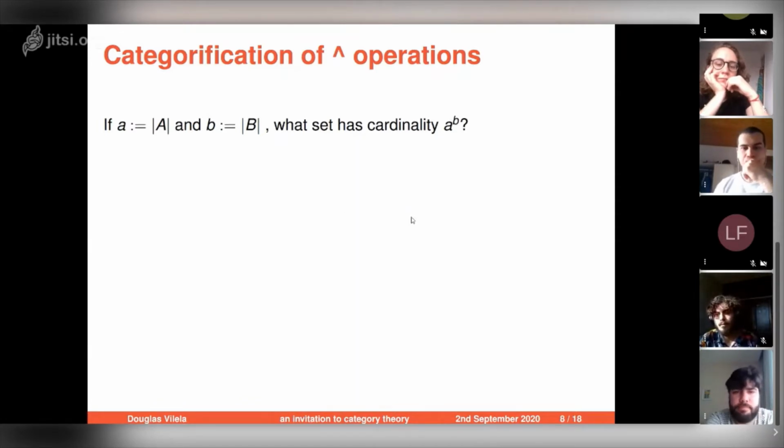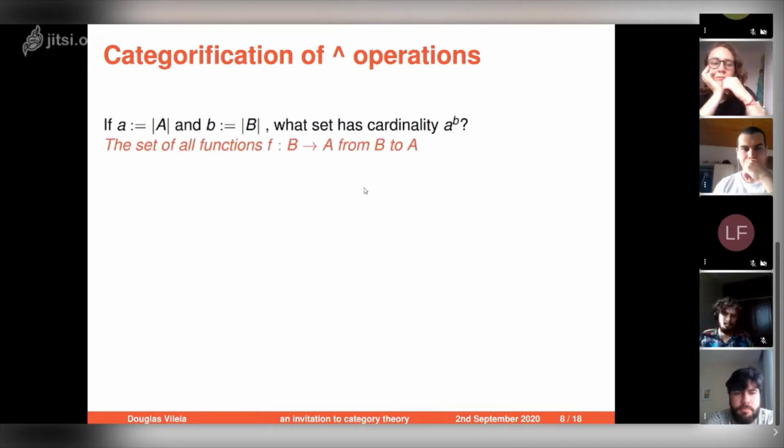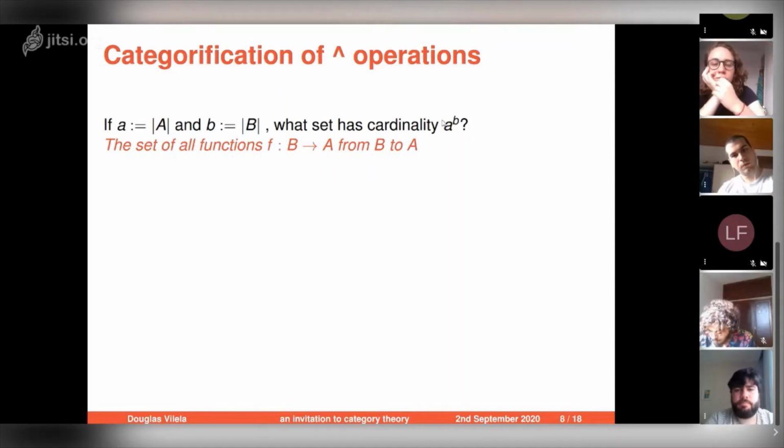I don't know if that is well known or a little more mysterious, but the set is the set of the functions from B to A. So the idea here is that for a set to have this cardinality, we just have to pick the possible functions from the set B to A, and the cardinality of this set we will denote essentially like this. We will have this cardinality.